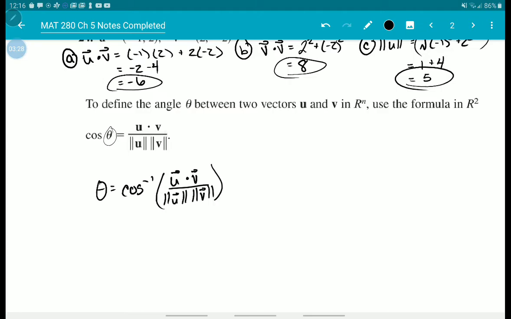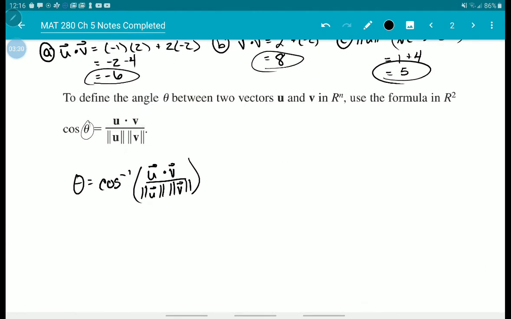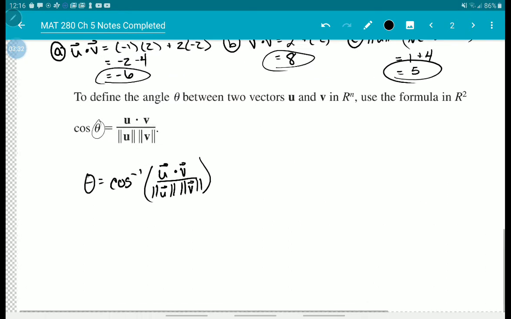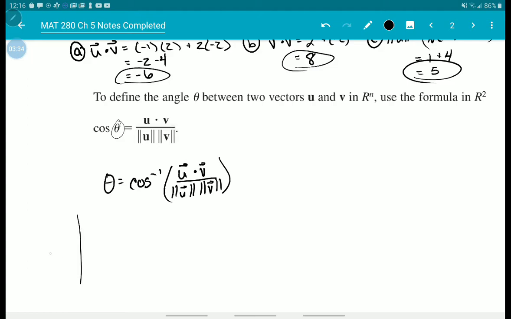So I want to explore this a little bit. When we talk about inverse cosine, it is always defined in the first and the second quadrant. So we're always going to get an angle between 0 and 180 degrees.